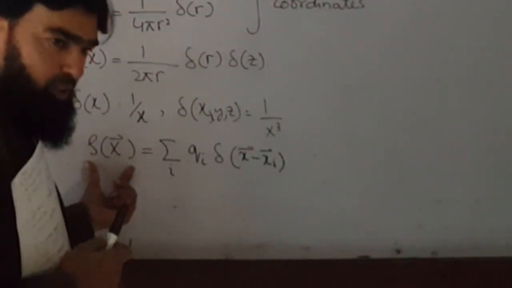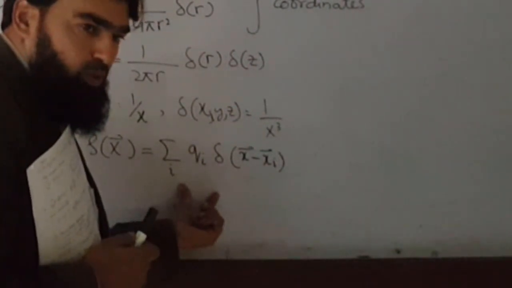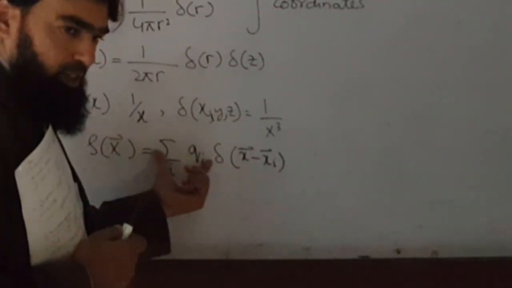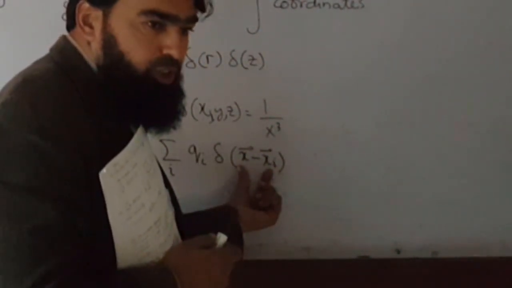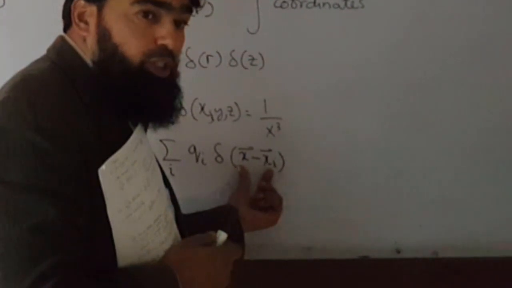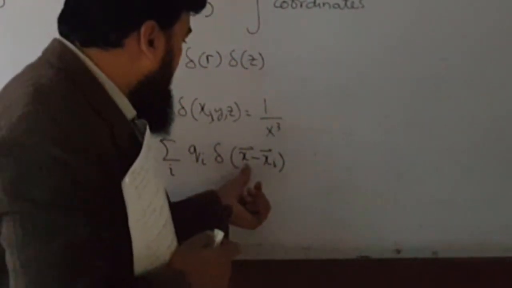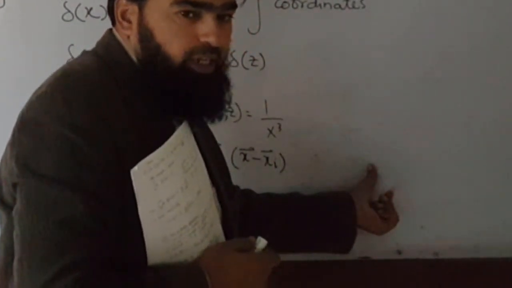This is charge density. Charge density is charge per unit volume. This is the total charge. Now what is this one? It is not one dimension. This is actually three dimensions. Why? Because it will be x minus x1, x minus x2, x minus x3.